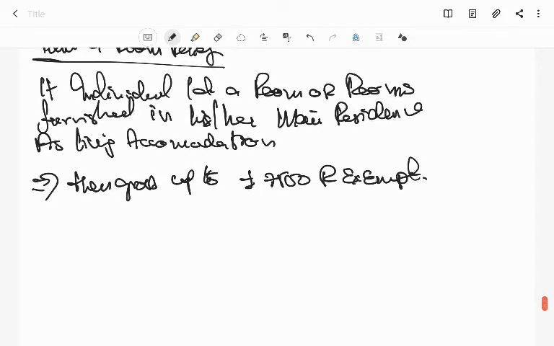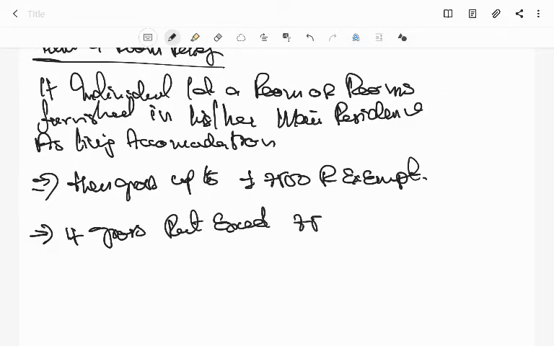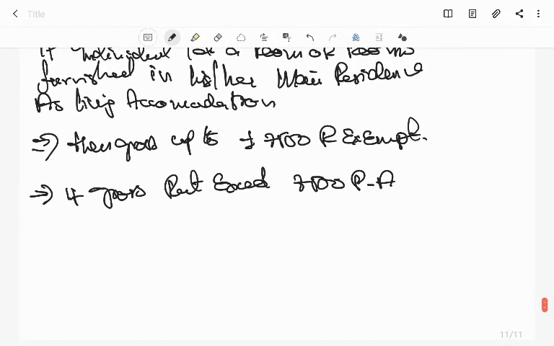If gross rent exceeds £7,500 per annum, the taxpayer may choose to assess as follows.